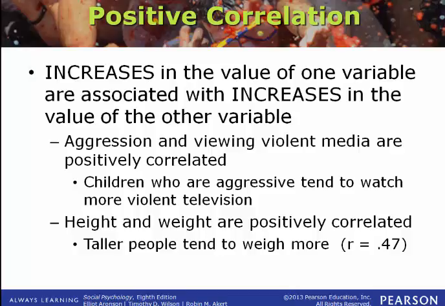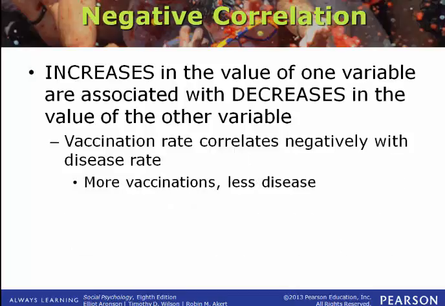These things go together. So if a positive correlation means that they're going in the same direction, a negative correlation means they're going in opposite directions. So as one variable goes up, the other variable goes down. For example, vaccinations and diseases have a negative correlation. As vaccine rates go up, diseases go down.